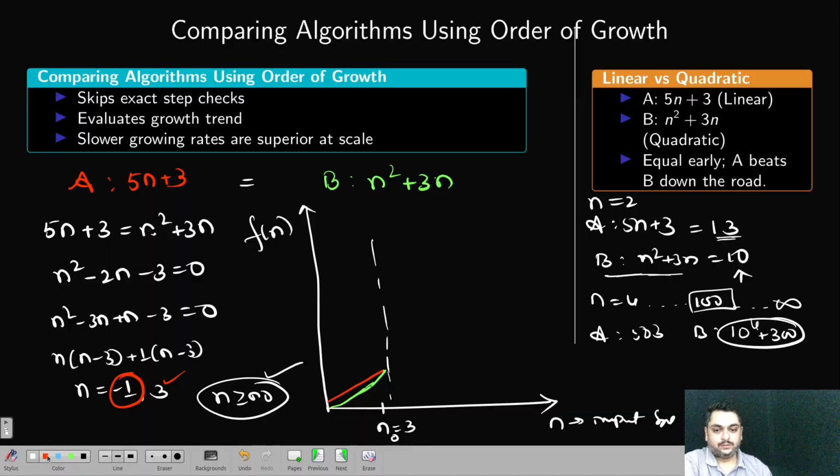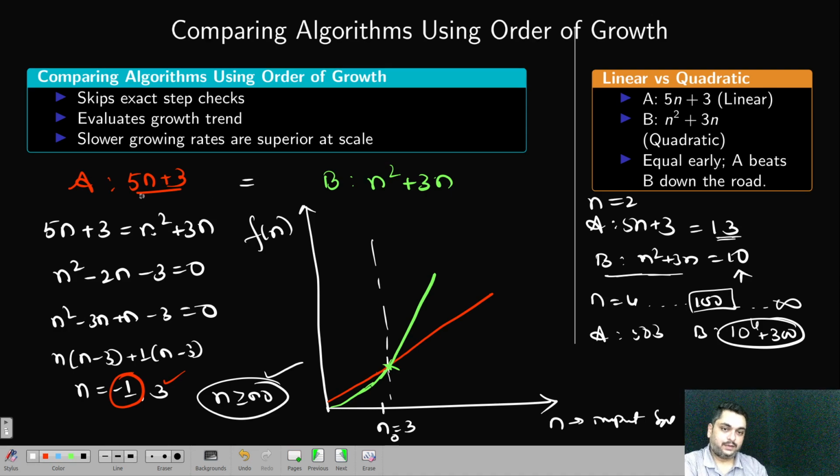A is a linear function, it will look like a straight line and grow in a straight line fashion, but n square is quadratic. So after this point it grows like this. From the crossover point, we see that algorithm A is behaving better.